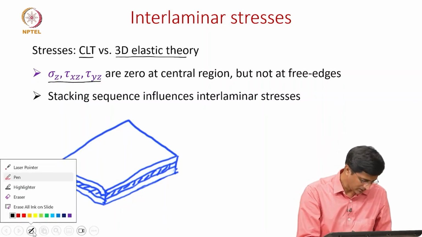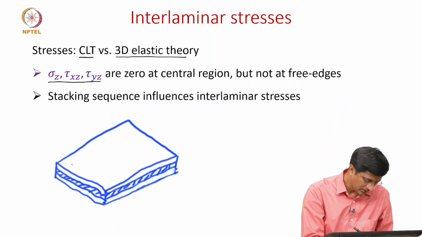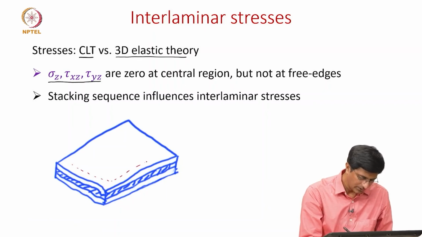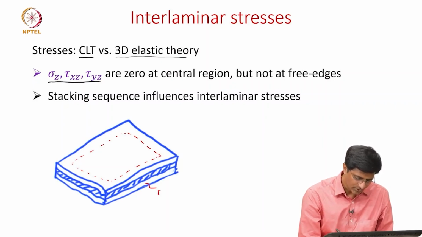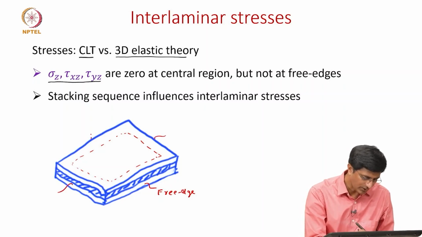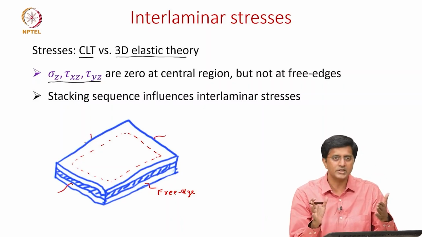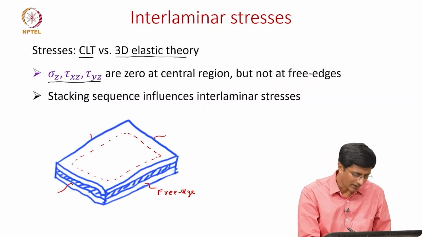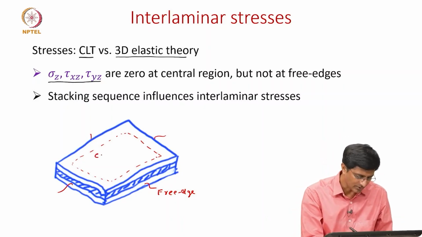Meaning, let's say there is some central region away from the free edges. So these areas we'll call the free edge. We have the same free edge here, and here and here. So basically these are the free edges of the laminate, and this is the central region.